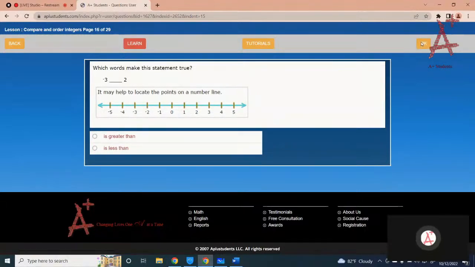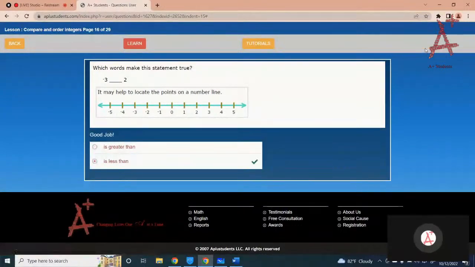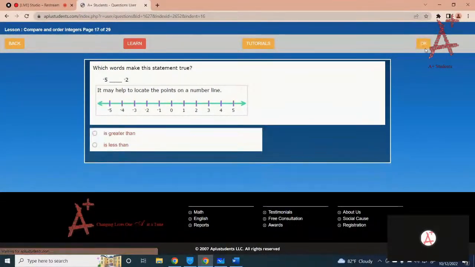Okay, the next one is, which word makes the statement true? Negative 3 is less than 2 or greater than 2? Yes, negative 3 is less than 2. On the negative side, the negative numbers are always smaller than the positive numbers. Very good.